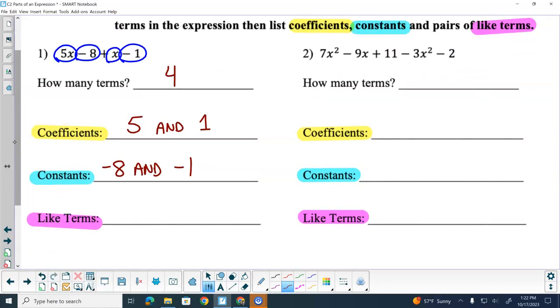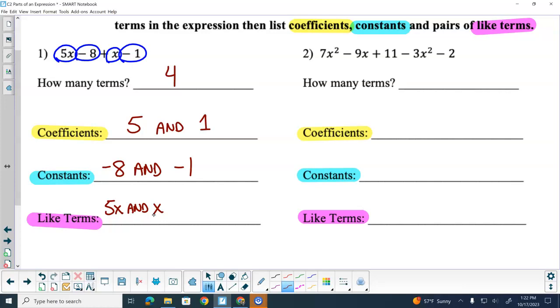Do we have any like terms? You need one pair of like terms. 5x and x are like terms. Do we have any other like terms? The constants.